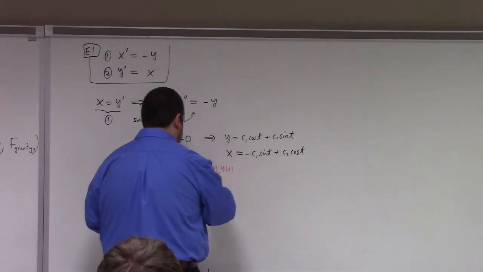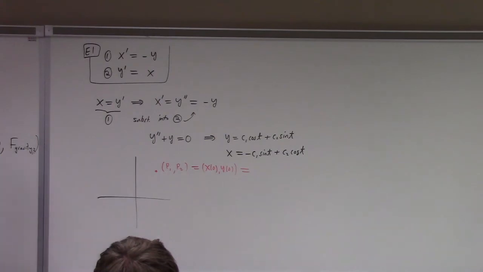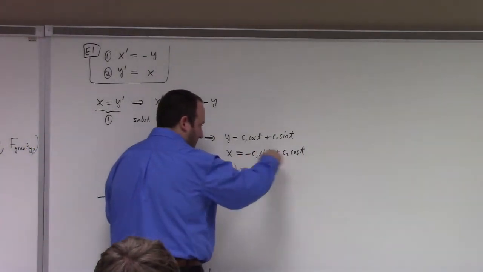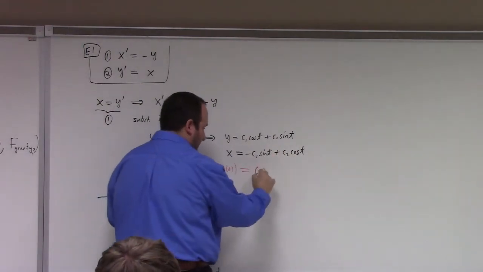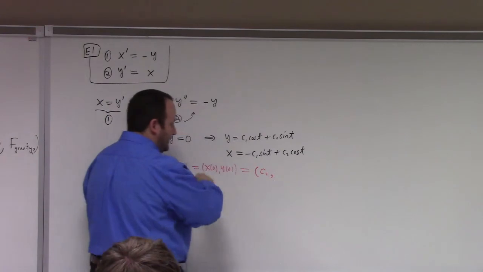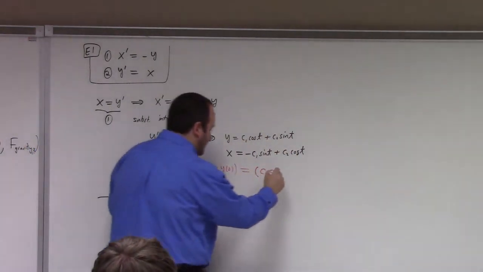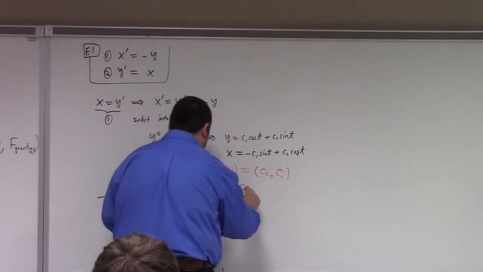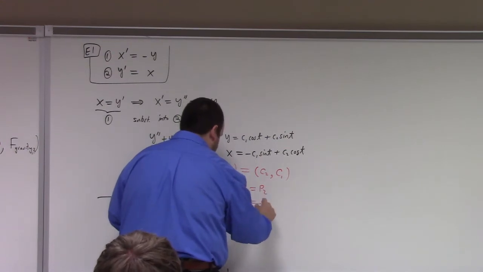What would that make C1 and C2 equal to? Plug in 0 into this, what do you get for x? We get C2, right? Plug in 0 into the formula for y, what do you get? C1, right? So apparently, C1 is equal to P2, and C2 is equal to P1.